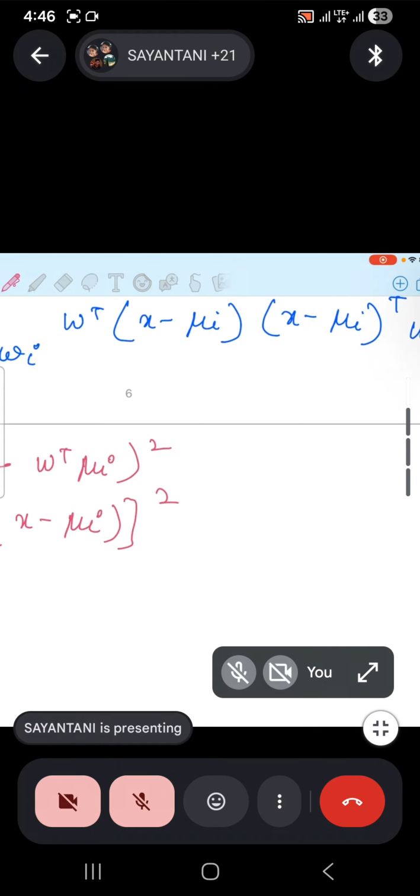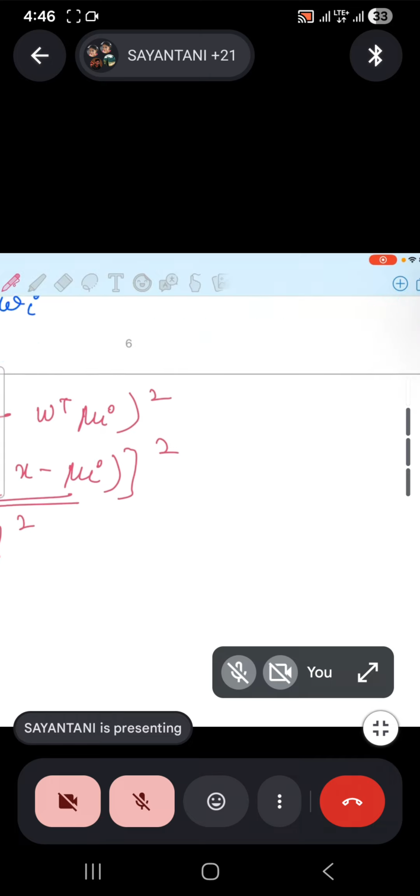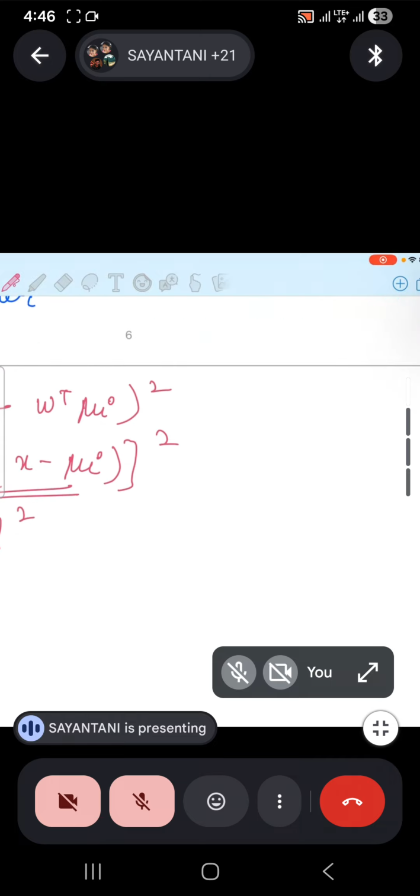Now say this thing I am substituting as K. So it's going to be K square. Over here, W transpose is a vector and X minus mu I is also a vector. Suppose W transpose is a vector like 1 cross n and X minus mu I will be n cross 1. So automatically this produces a 1 cross 1 scalar. So that means K is a scalar.